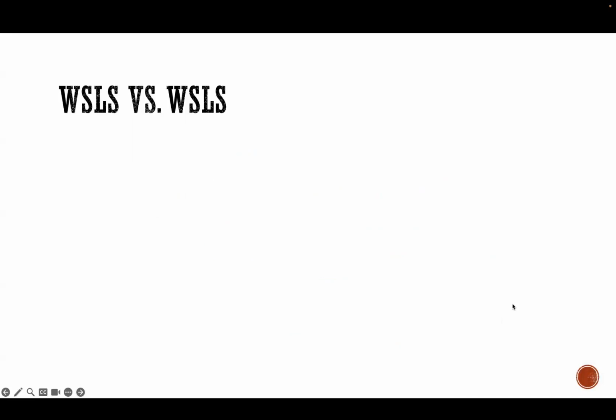Okay, what if we want the agent to play against the win-stay-lose-shift? So we have a win-stay-lose-shift playing against a win-stay-lose-shift. What do you think is going to happen? Yes? They could get asynchronous, so there's just one that's winning at a time.